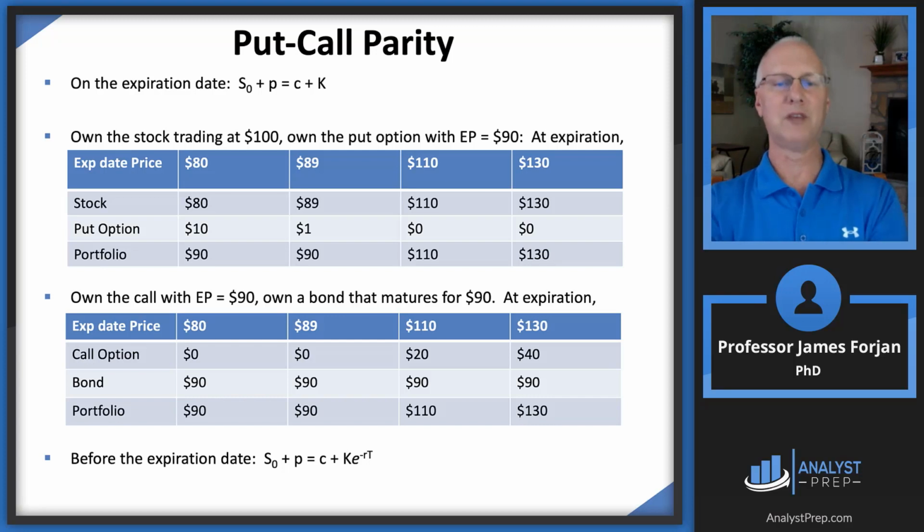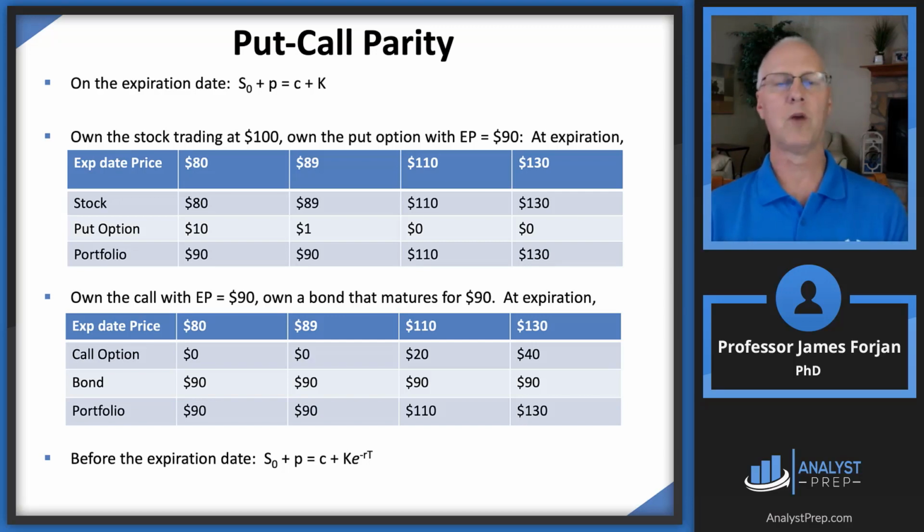And in this case, it was 90. And don't be too upset and say something like, "Hey, Jim, there are no bonds out there that mature for $90." Well, don't worry about that. I could have easily put a bond in there that matures for $1,000 or $10,000 or $100,000. And so the math works.